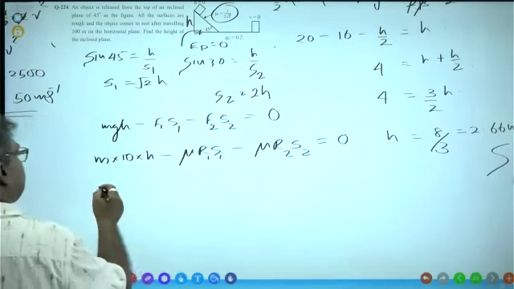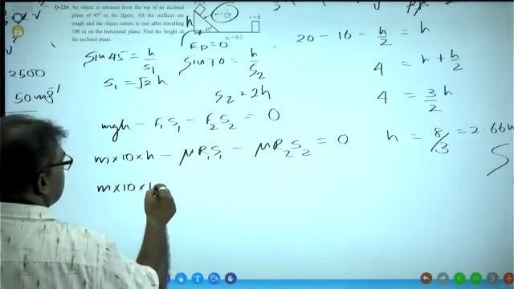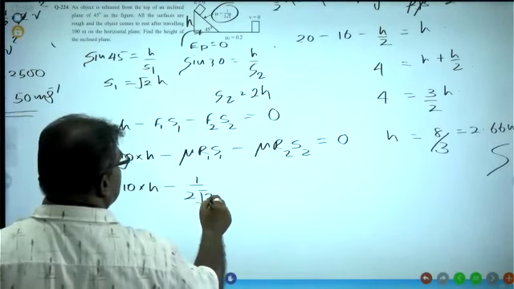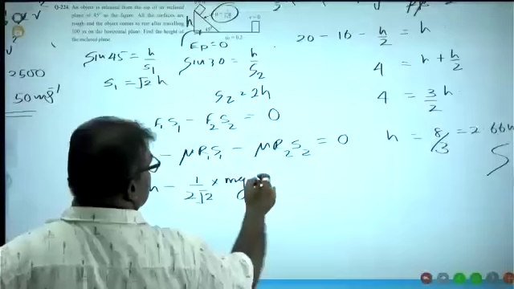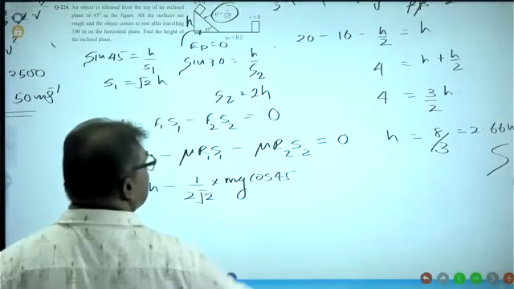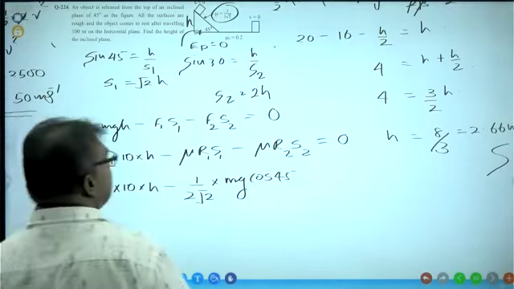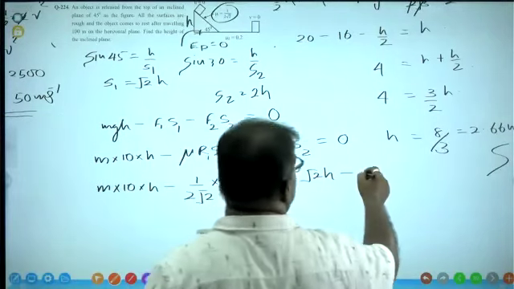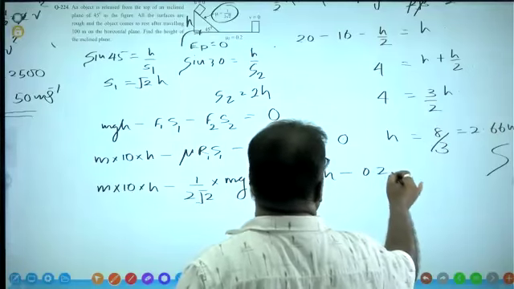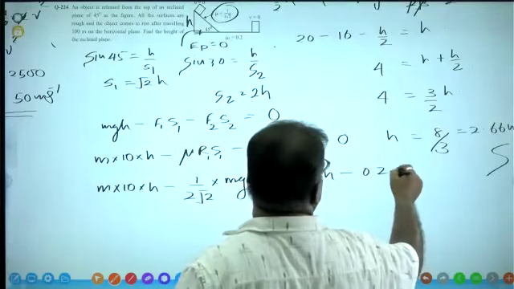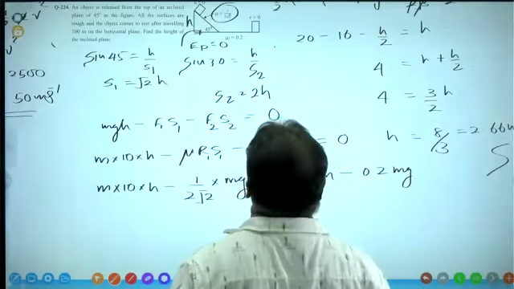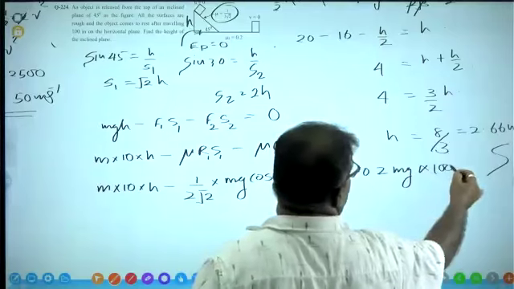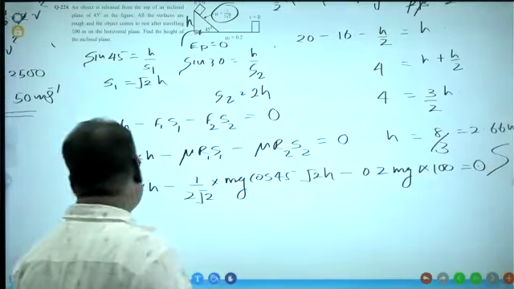Simplify this one. mgh minus mu, mention 1 over 2 root 2. R1 is mg cos 45, the vertical component perpendicular to the plane. S1 is root 2 h, minus mu 0.2 times mg. Distance traveled 100 meters, no? Final 0. Simplify this one.